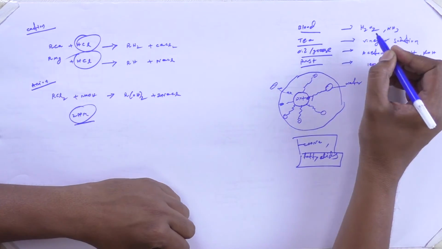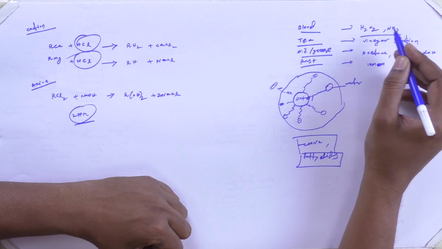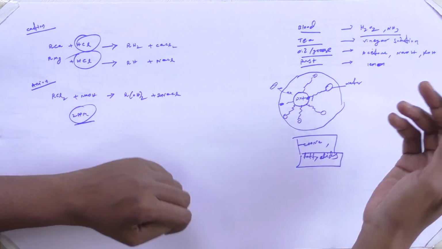So for normal dirt we use detergent and its chemical action removes the dirt. If it is stubborn dirt, we use solvents such as H2O2, ammonia, vinegar, acetone or citric acid. By using these solvents, we easily remove the stubborn dirts.